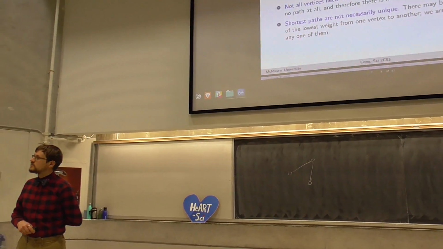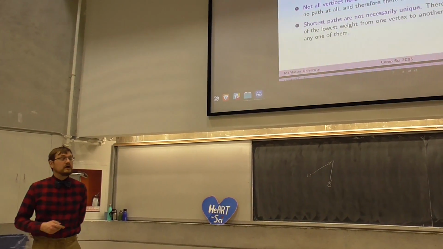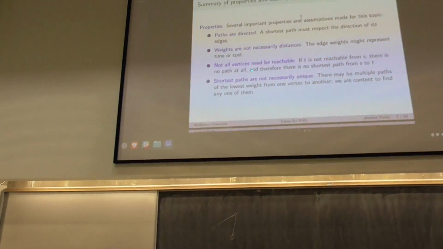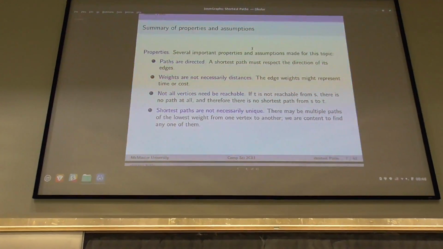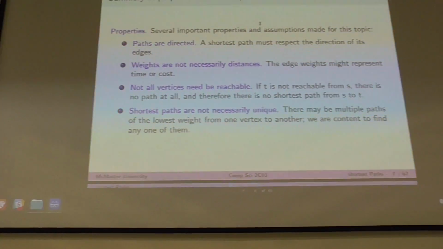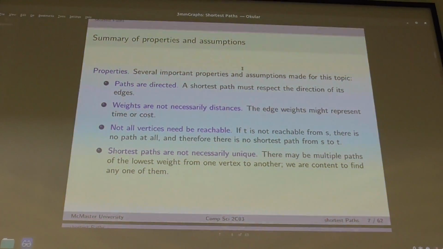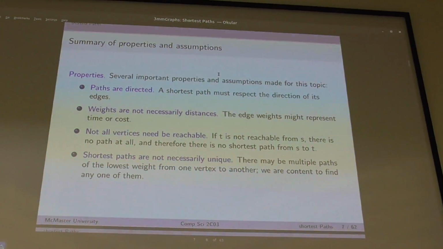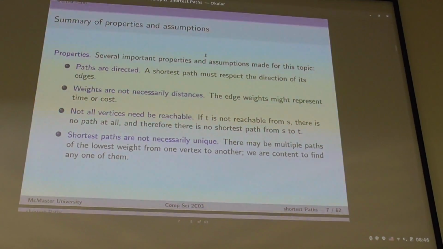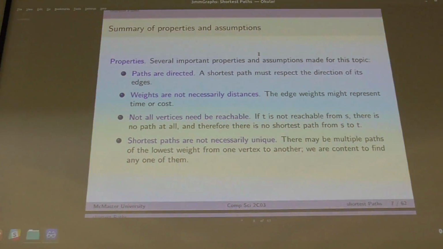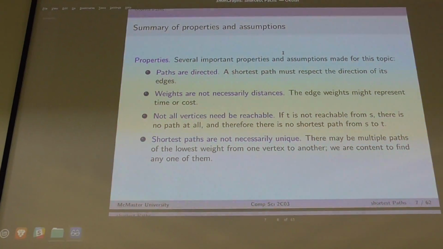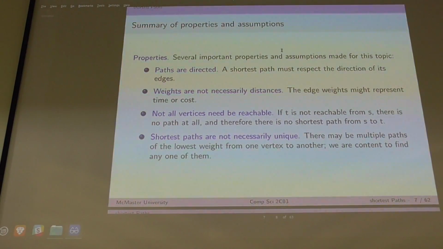It's entirely up to the graph. Not all vertices need to be reachable. If some vertex is not reachable with respect to the source vertex, then we simply say there is no shortest path to that vertex. In programming code, we call that either a null or an infinity value, one of the two, and we call it a day.